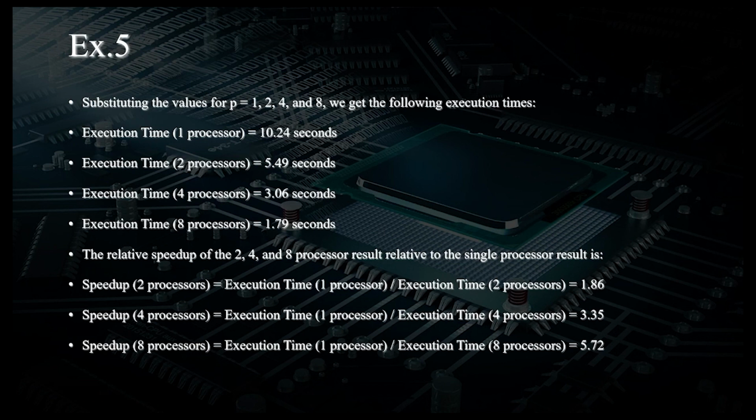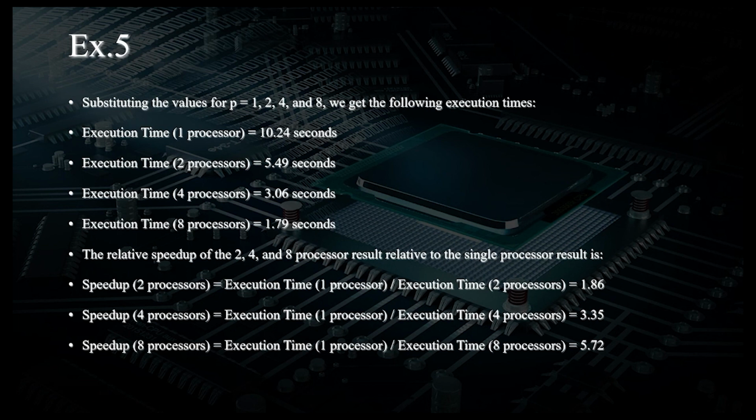With one processor, the result is 10.24 seconds. With two processors, it is 5.49 seconds, and with four processors the result is 3.06 seconds, and finally with eight processors the result is 1.76 seconds.